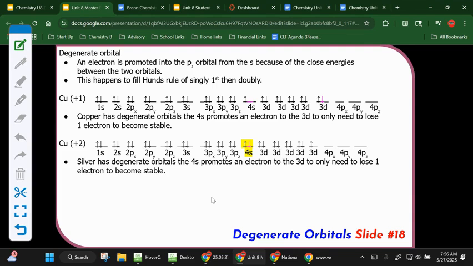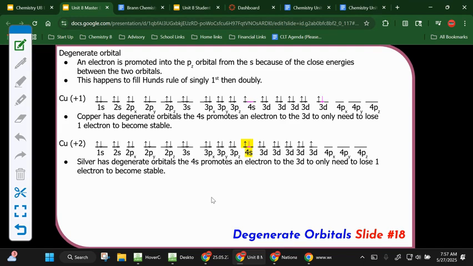They are supposed to fill before the 3d. The only way to explain how copper can be a +1 is if one of these electrons goes and finishes filling this 3d. So now the 3d is all filled. We have the same number of electrons here. Okay?